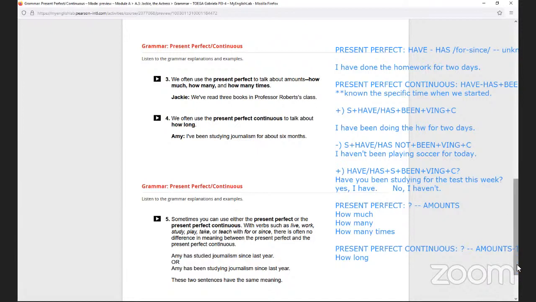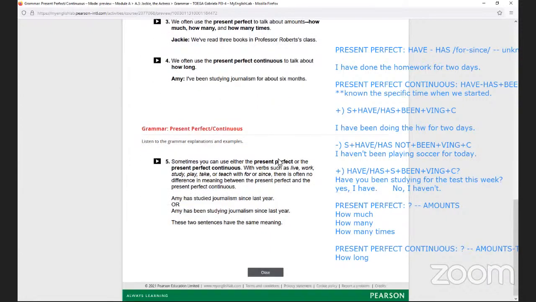Perfect, very good, excellent. So in some cases, there are some verbs, okay? For example, when we use with live, work, study, play, take, or teach with for or since, that maybe we could use in present perfect or present perfect continuous, but the meaning is going to be the same.